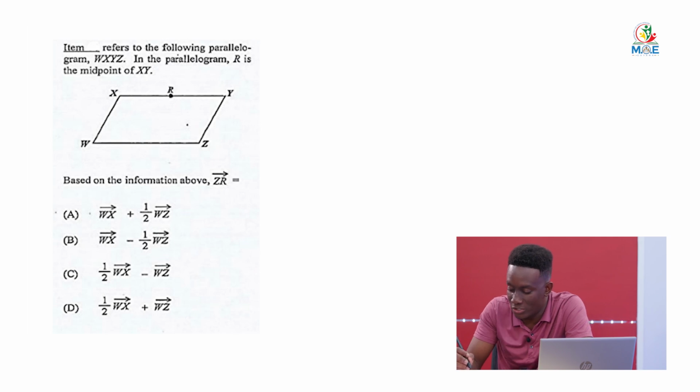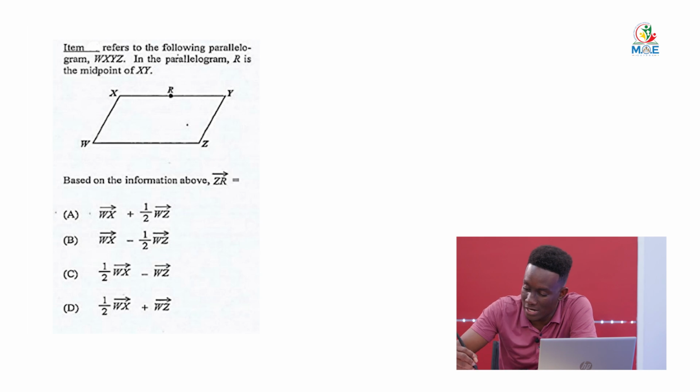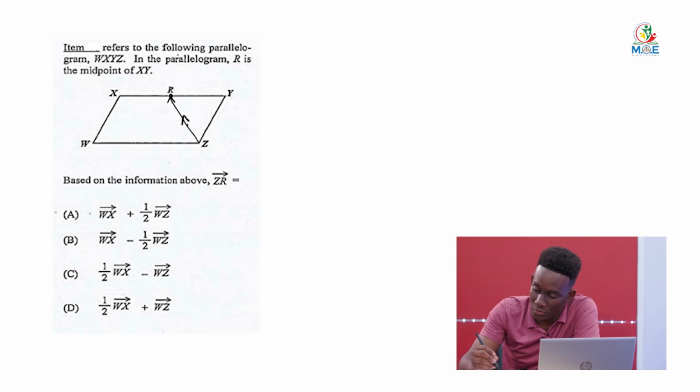Based on the information above, ZR is, so ZR, go from Z to R. So let's go through the options to see. The first option: WX plus half of WZ.